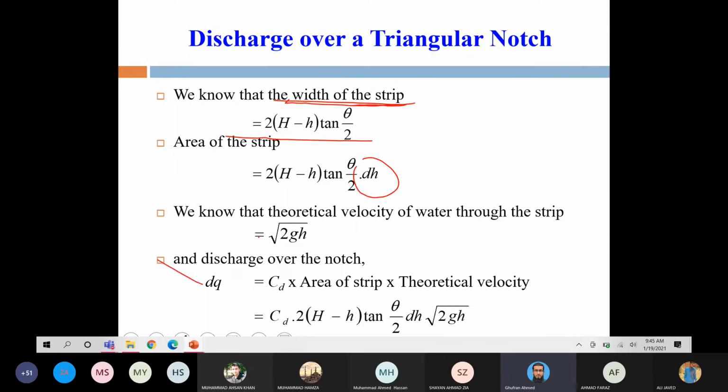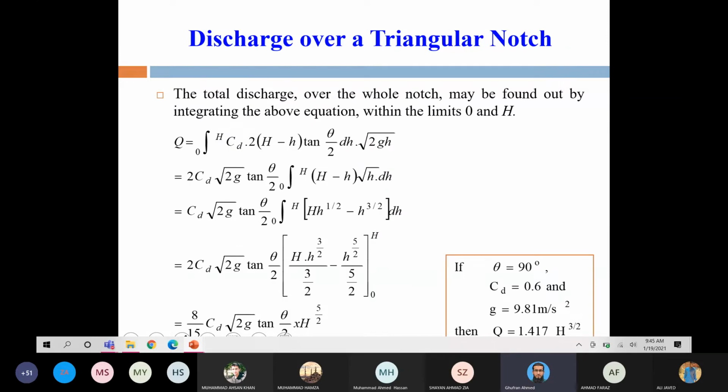Theoretical velocity is again the same, and all the rest of the things are the same. To find total discharge, the limits are 0 to H and we solve it; it is just integration, very simple. The final formula for a triangular notch is 8 by 15 Cd root 2g tan theta by 2 times H to the power 5 by 2.